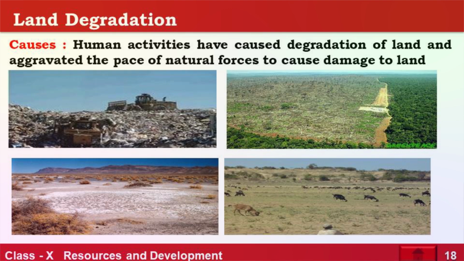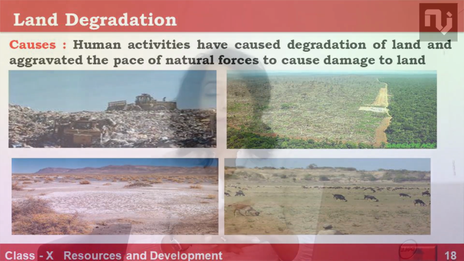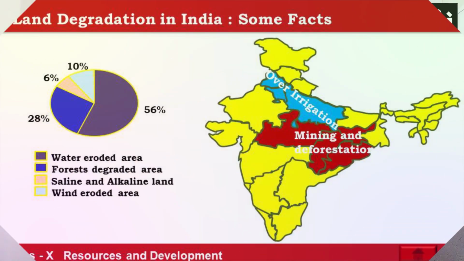So what are the causes? The causes are importantly deforestation, mining. Just mine, take everything out of the earth and leave it like a wound, an open body of the earth. Don't do anything to recultivate or replant it.